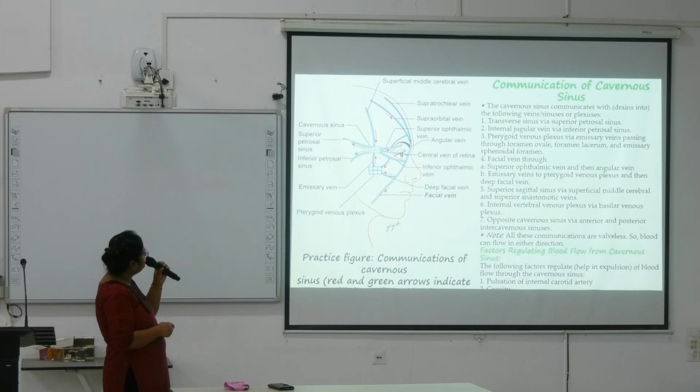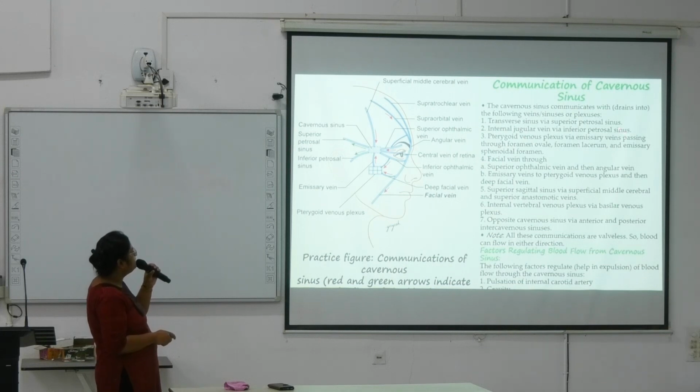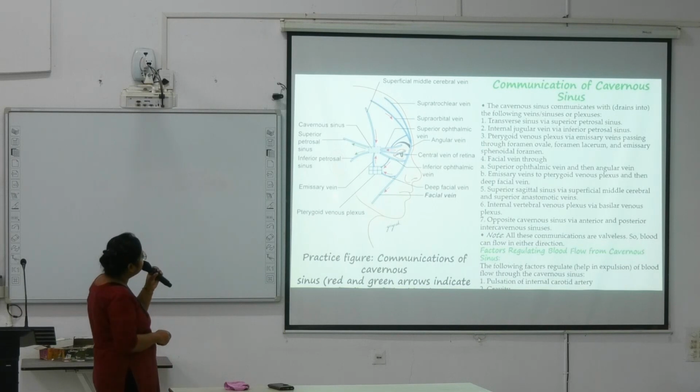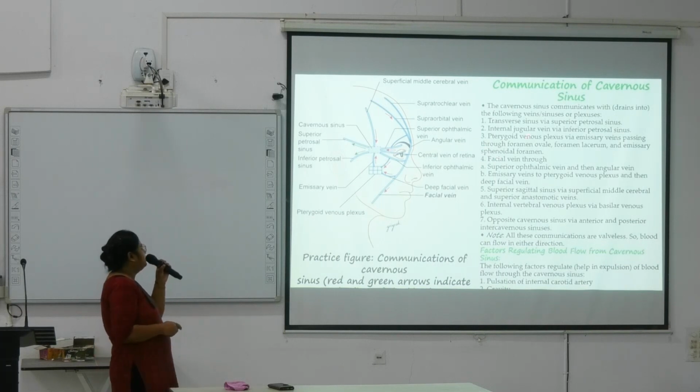The superior petrosal sinus connects the cavernous sinus to the transverse sinus. The internal jugular vein via the inferior petrosal sinus; the inferior petrosal sinus connects it to the internal jugular vein. The pterygoid venous plexus via emissary veins passing through the foramen ovale, foramen lacerum and the emissary sphenoidal foramen. See here, this is the pterygoid venous plexus, connected by the veins.